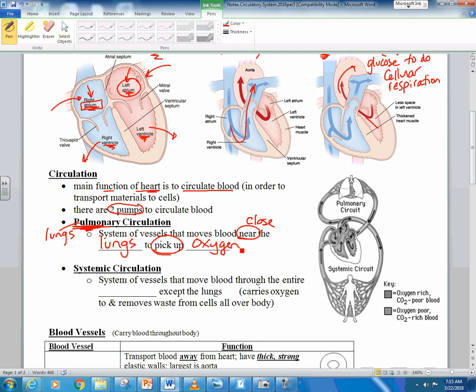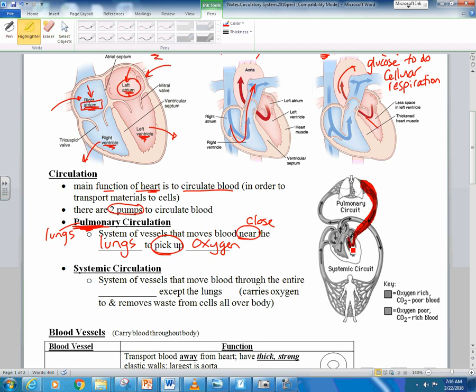So we could show that here. Right here, the right side is going to send the blood up here to the lungs, and when it gets there, it's going to pick up the oxygen. So I'm going to color this here red.